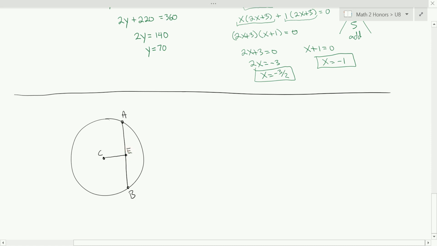So if we have that picture, okay, if I tell you that CE is perpendicular to AB, then what do you think is true as well?